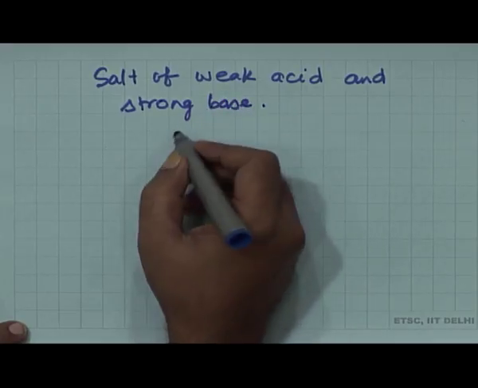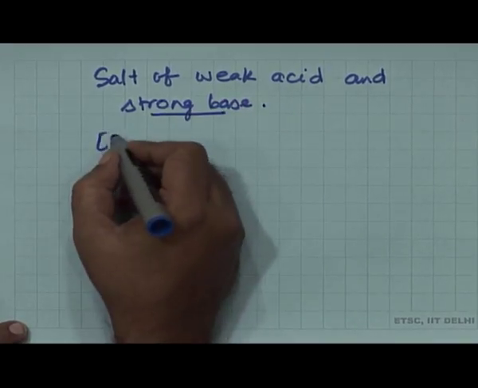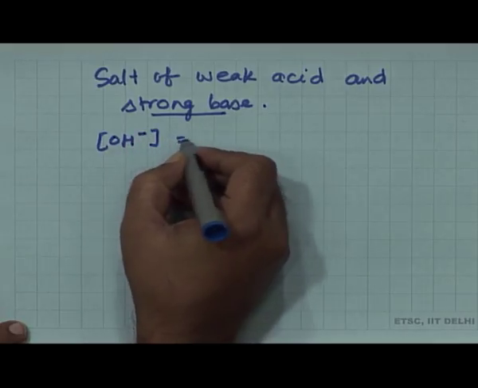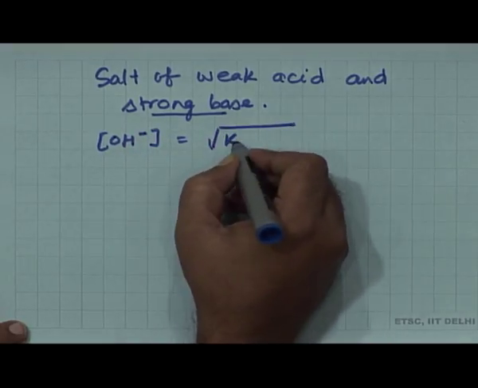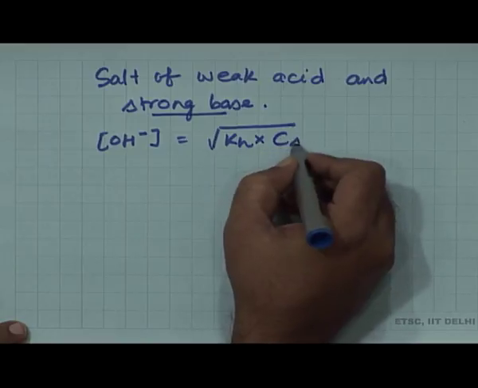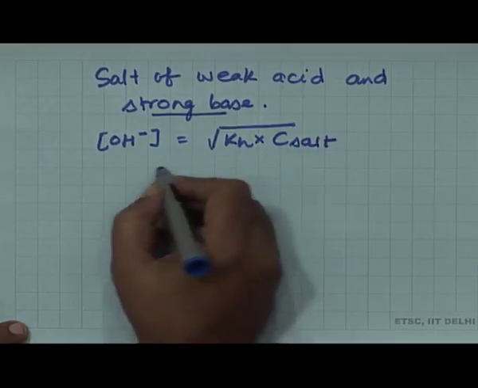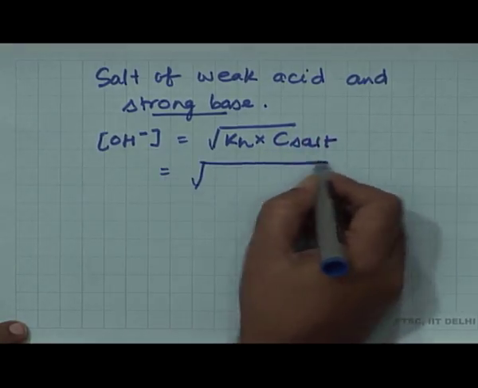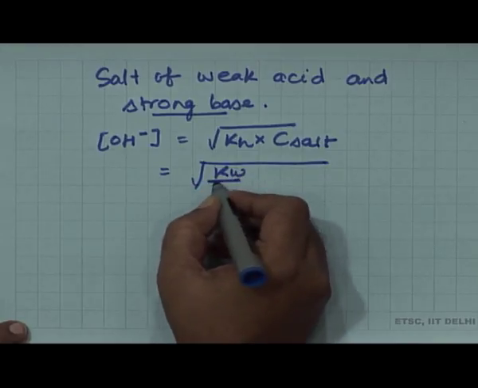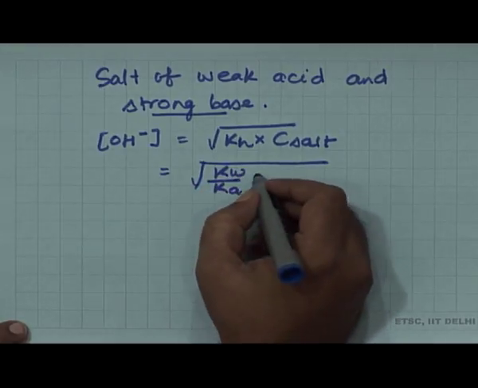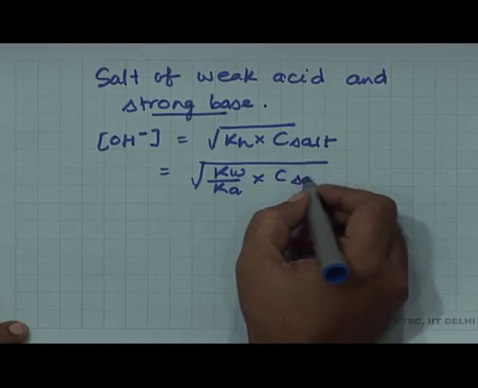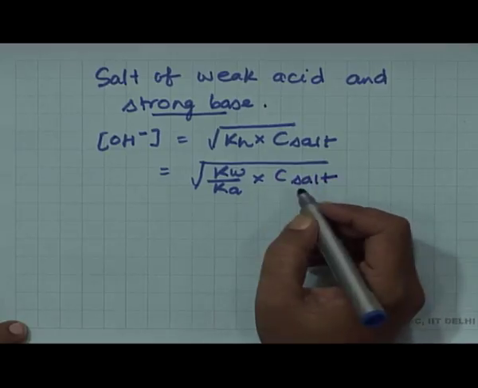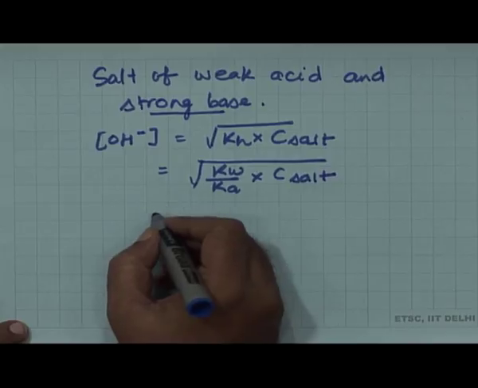Since this is a salt of a strong base, we can calculate OH minus ion with this equation: Kh into C salt, and Kh is Kw by Ka, since this is a salt of a weak acid, and C salt is given.